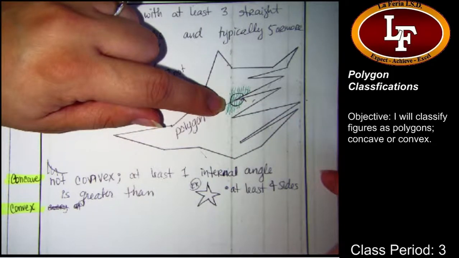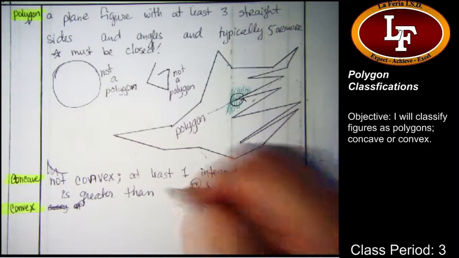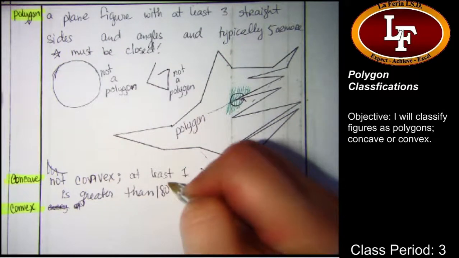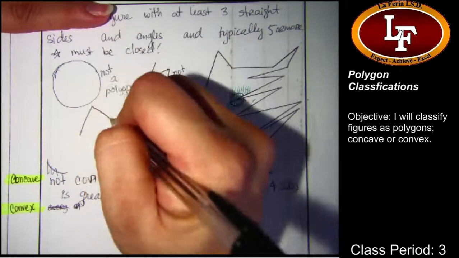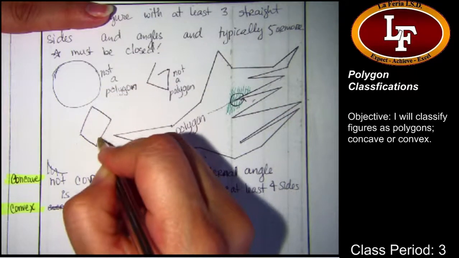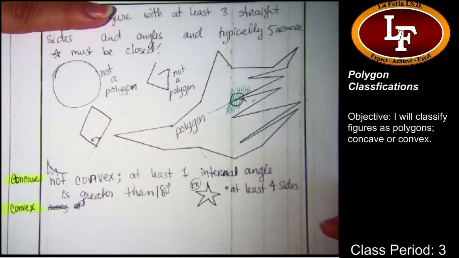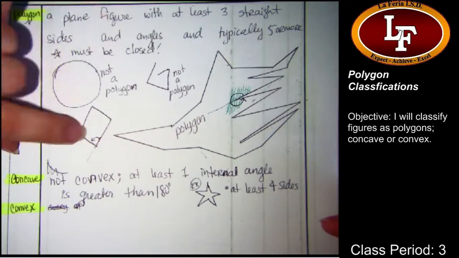I'm almost going a complete circle. So this interior angle should have a measure greater than what? 180. Because if I drew a polygon that looked like this, I don't have to pass the straight line to get there. So this is less than 180.